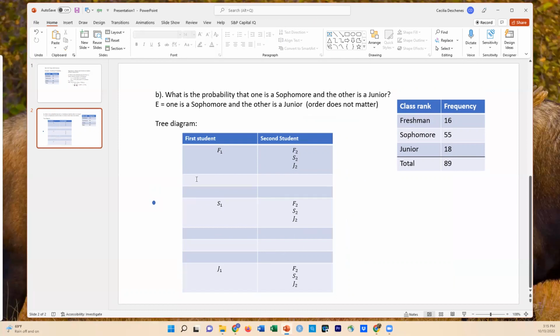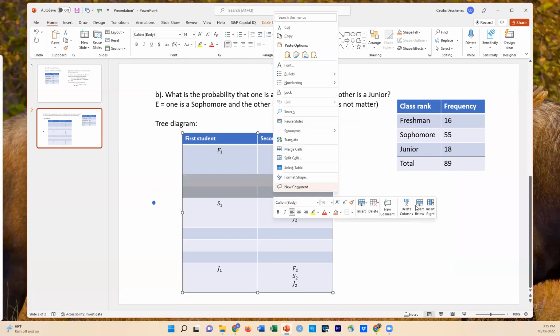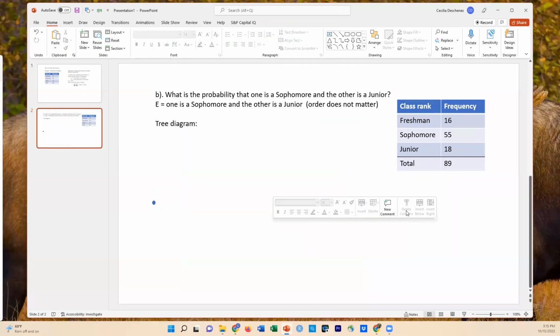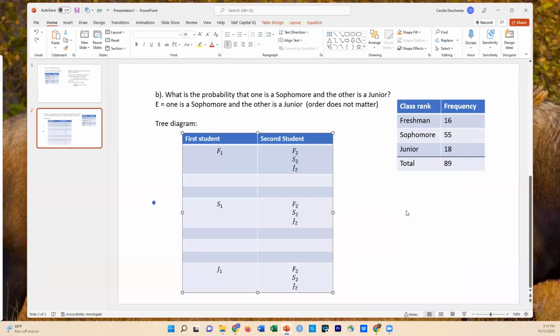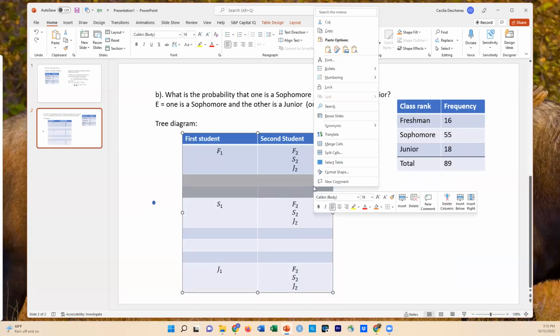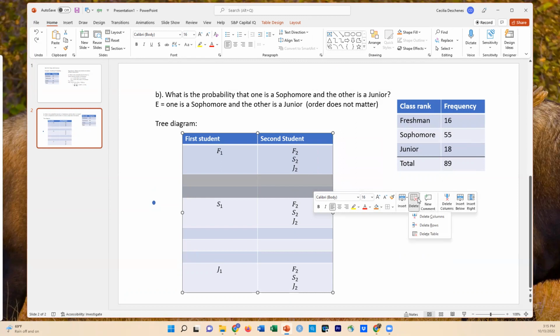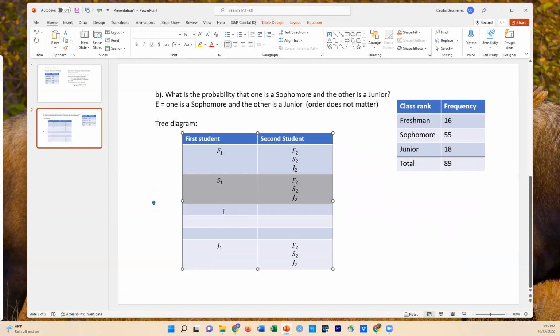Thank goodness for Control Z. Let me get rid of these rows. I want to delete these rows.